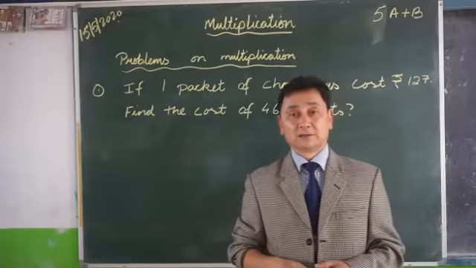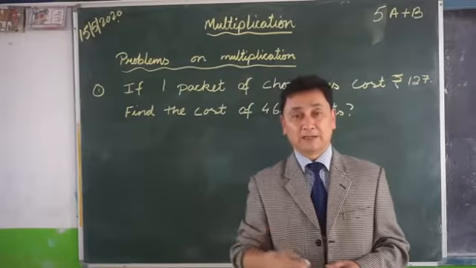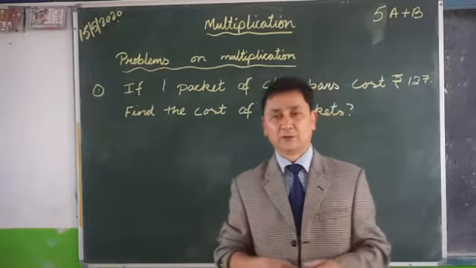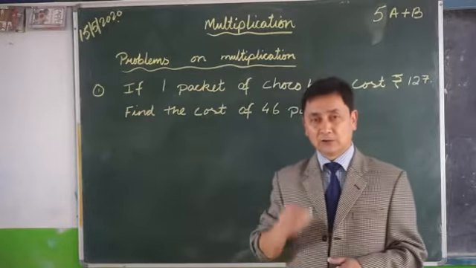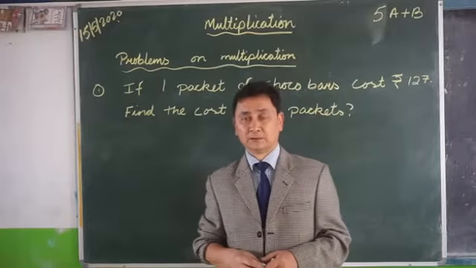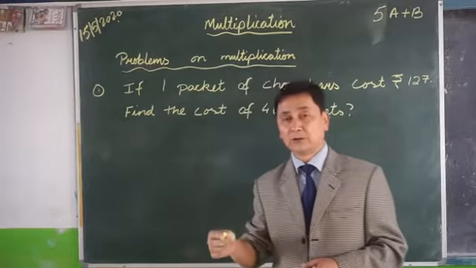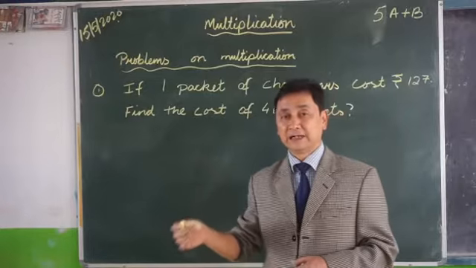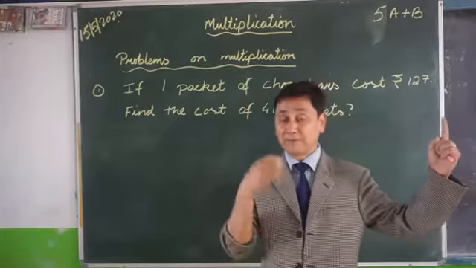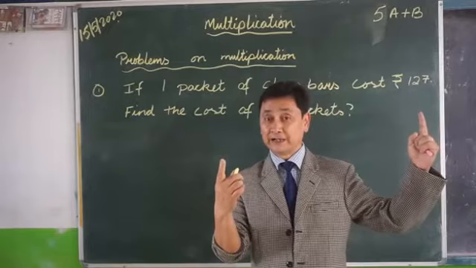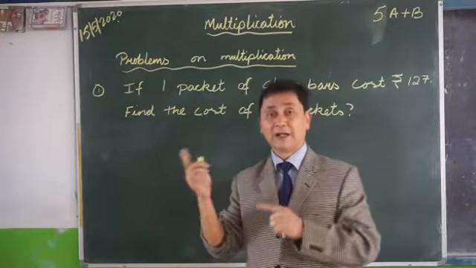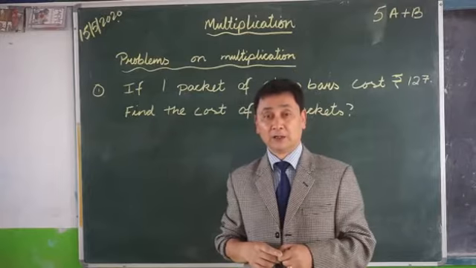Someone has 2 packets of naphthalene balls, and in those 2 packets there are 10 naphthalene balls. So how many naphthalene balls will be there in 10 packets? So take the numbers. 2 packets, in 1 packet how many? 10. So in 2 packets how many? 10 twos are 20 naphthalene balls.